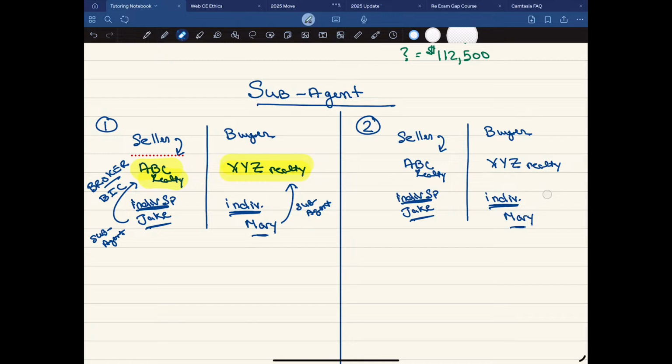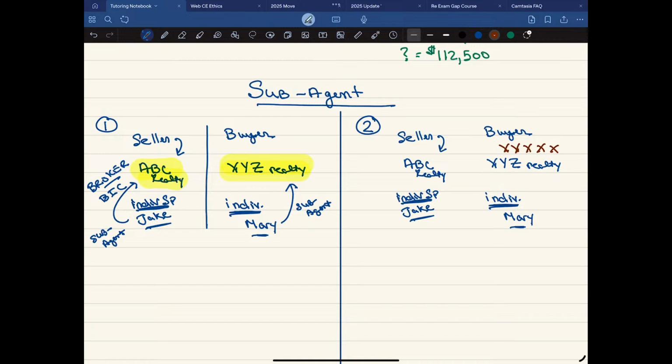Another way to look at this is to pretend that, whatever state you're in, the seller did hire ABC Realty, but the buyer absolutely refused. They don't want XYZ to represent them. The buyer is like, no, you cannot represent me.